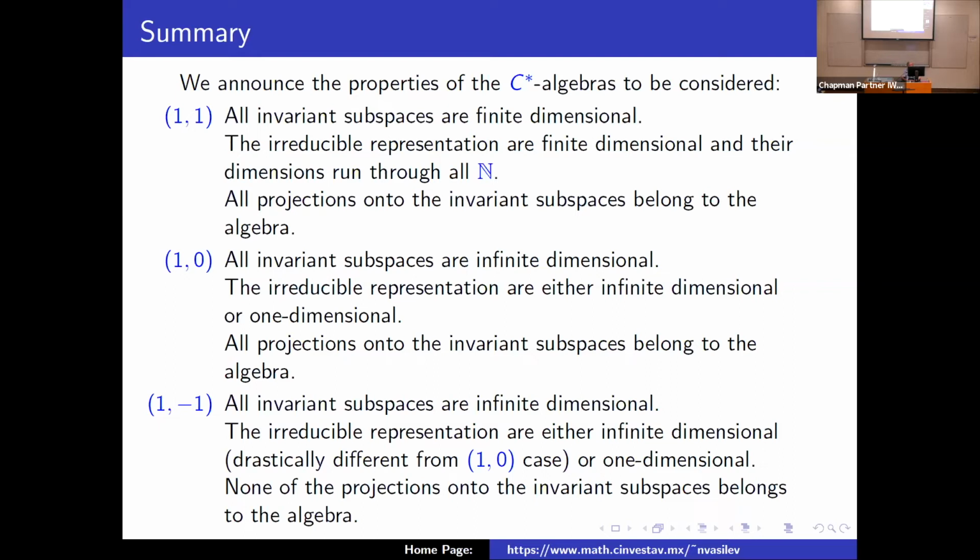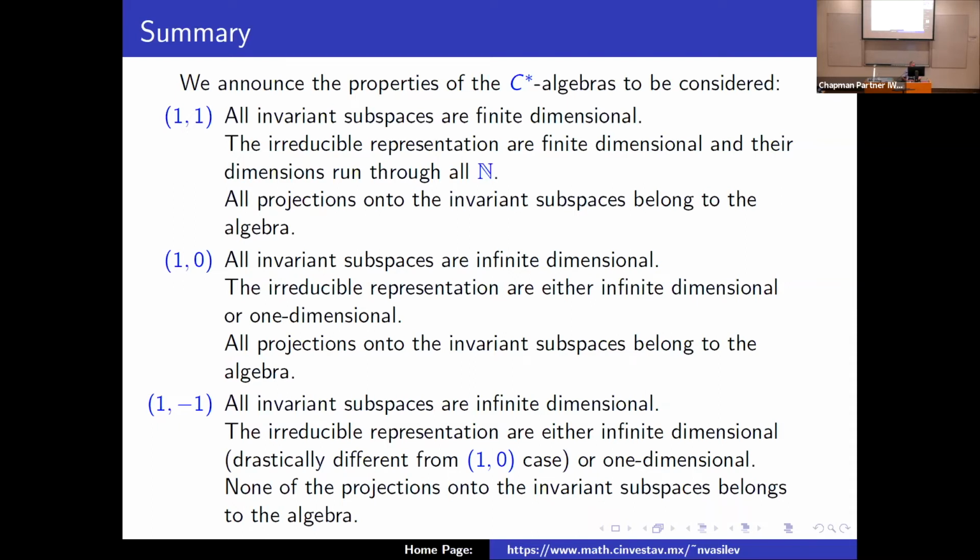In case (1, 0), all invariant subspaces are infinite dimensional. All irreducible representations are either infinite dimensional or one dimensional. Again, all projections onto invariant subspaces belong to the algebra, which is not the case for the third.